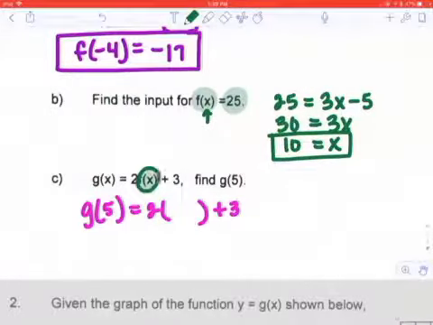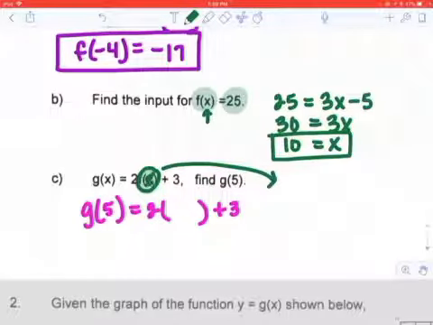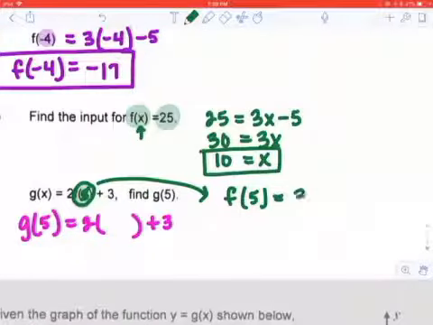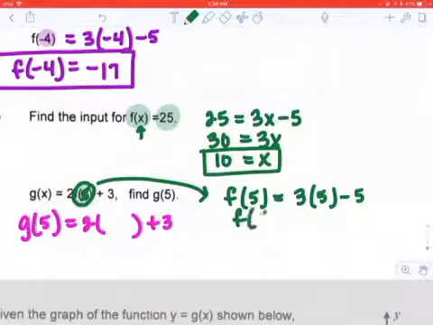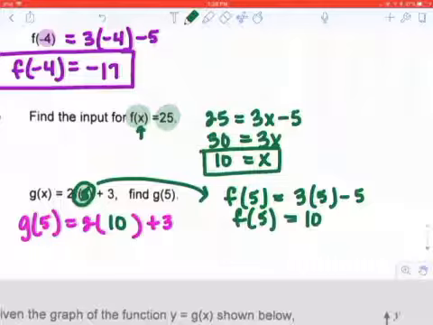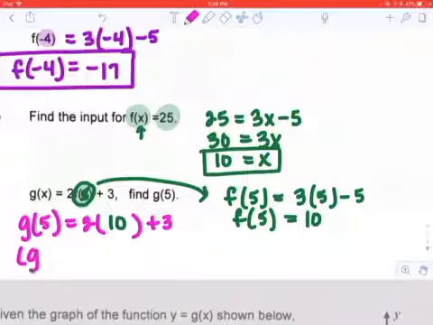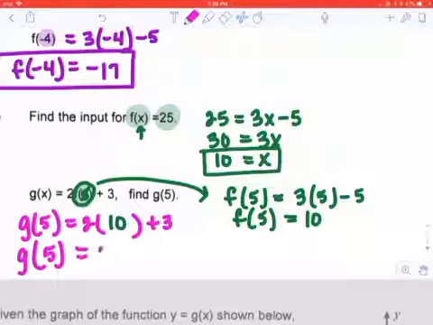I'm going to take this f of x, substitute 5 in, and figure out what f of 5 is. f of 5 is 3 times 5 minus 5. So f of 5 equals 10, because 3 times 5 is 15, and 15 minus 5 is 10. So g of 5 is 2 times 10, because that's what we got for f of 5, plus 3. And so what we end up getting for g of 5, 2 times 10 plus 3, is 20 plus 3, which is 23.